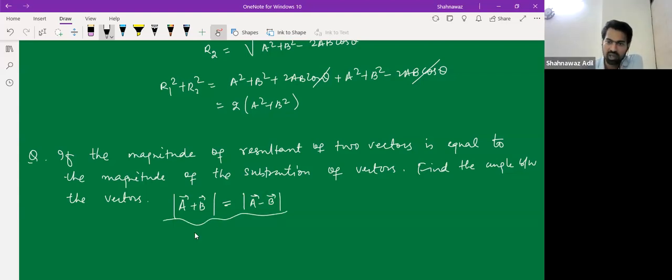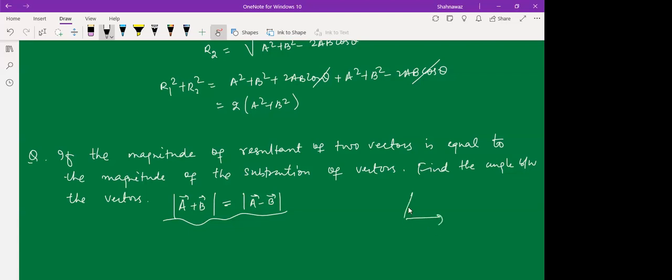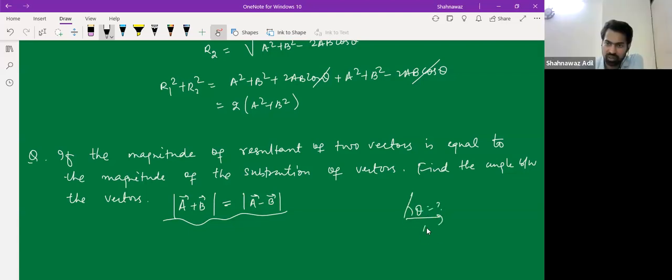You have two vectors, and this theta you have to find between A and B. The magnitude of A plus B and the magnitude of A minus B are the same. This length is the same.